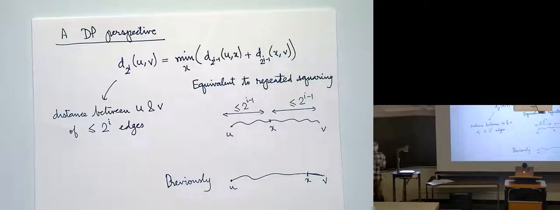You want to get from u to v. What you do is you go backwards from u and forwards from v, and you see where they meet. Sometimes in the worst case it's not going to help you, but in many cases in practice, it actually gives you an improvement. So this is called a meet in the middle approach.